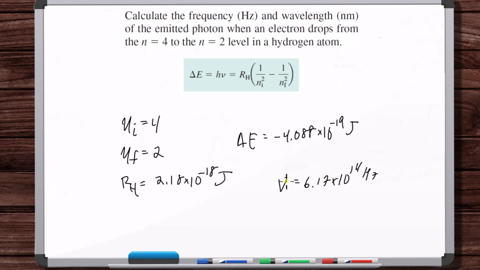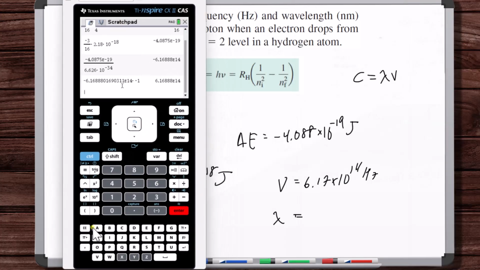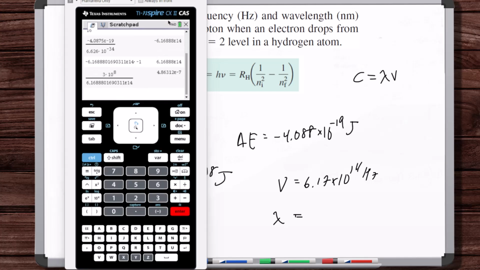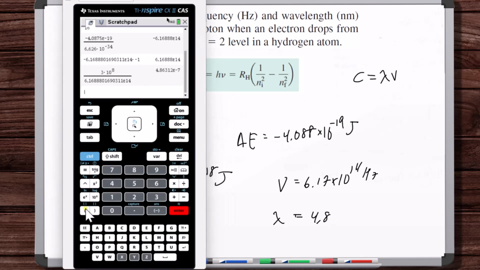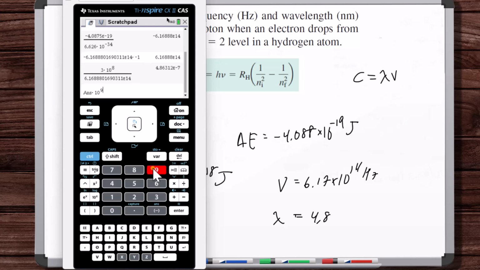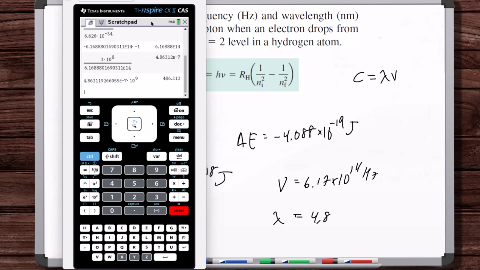So 6.17 times 10 to the 14 hertz. Okay, now the wavelength is just based on c is equal to lambda nu. So take 3 times 10 to the 8th and divide this. 4.86 times 10 to the minus 7. Oh, we wanted nanometers, so that would be times 10 to the 9th. 486 nanometers.